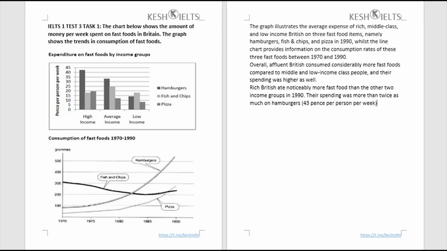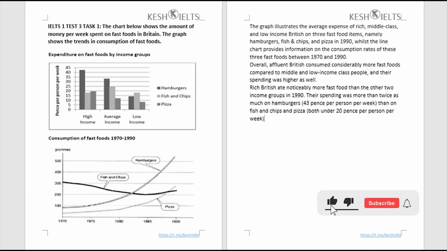Okay, and then on fish and chips and pizza, right? In this case you can see that both on the 20, sorry about that, pence per person, so per person per week. Okay, now we have this.